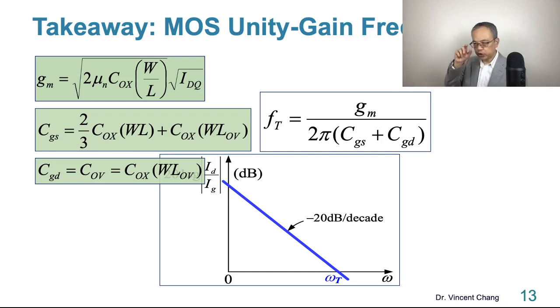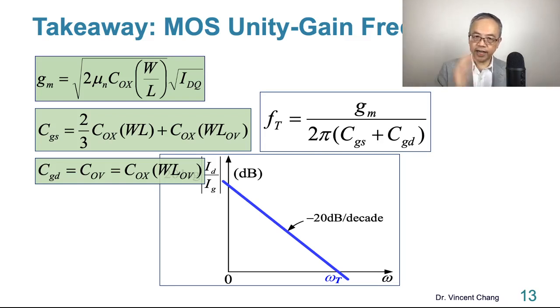Also, if we shorten the channel length, the geometry, ft will go up for sure, right? So we understand the dependence of the frequency limit ft on the bias condition and also the geometry and the other device parameters. This is the major takeaway of this lecture.